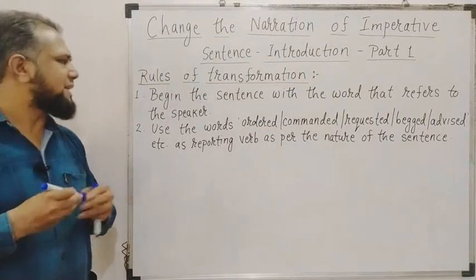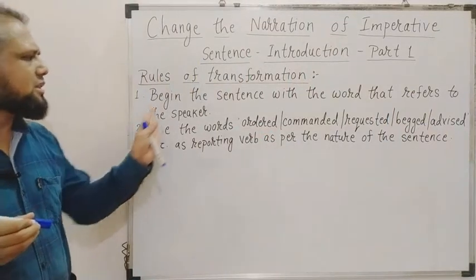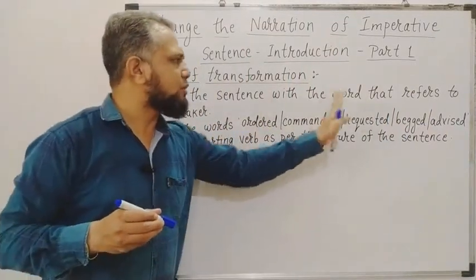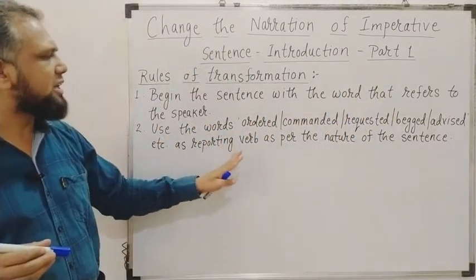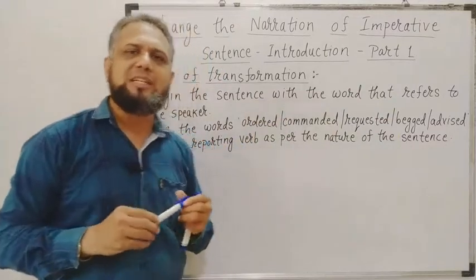The second rule says that you have to use the words ordered or commanded or requested or begged or advised, etc., as reporting verb as per the nature of the sentence.